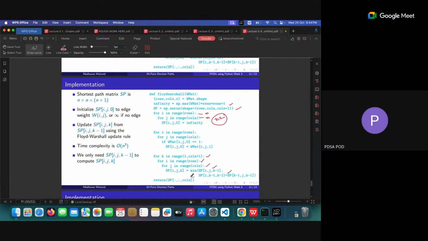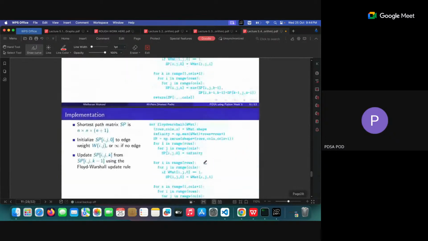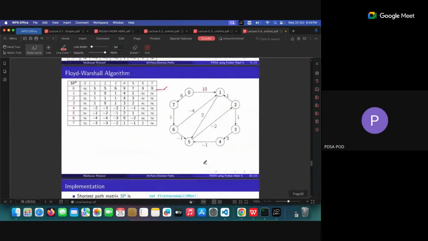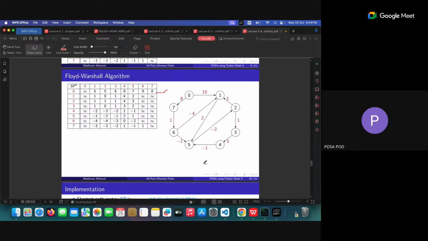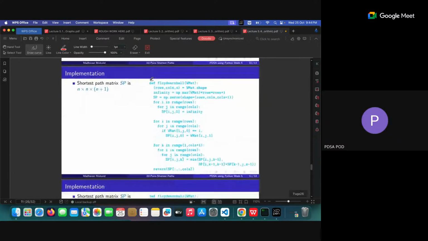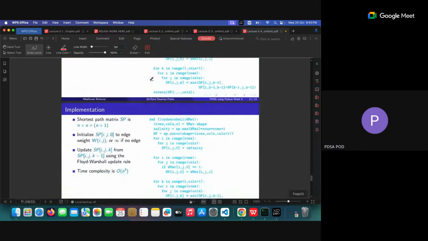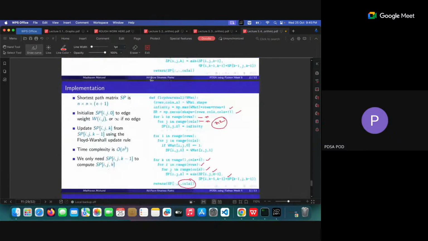And the last column values only we are returning. We don't need all other things, only the last column values, which is completely updated. The complete updated values are considered. So we return the last column values only. This is the complete implementation.